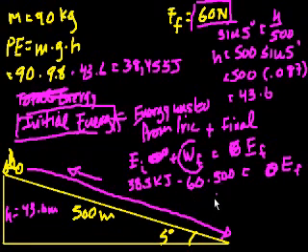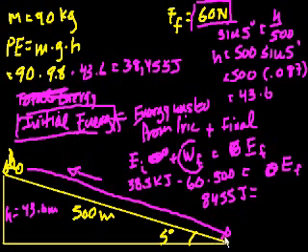And what is this? 60 times 500, that's 30,000. So let's subtract 30,000 from 38,500. That gives us 8,500 joules is equal to the final energy.